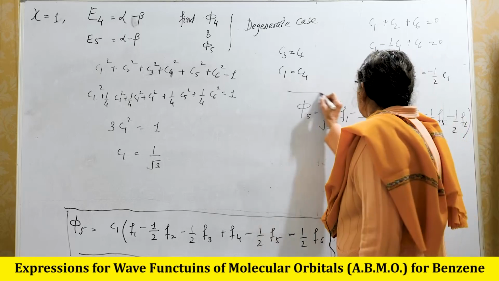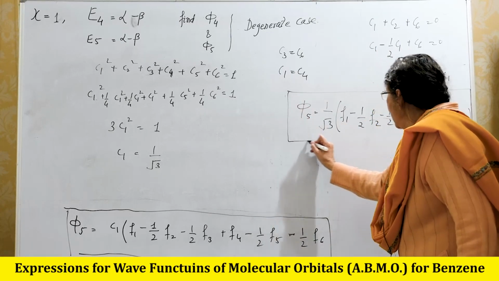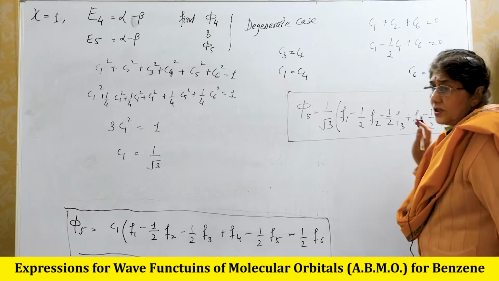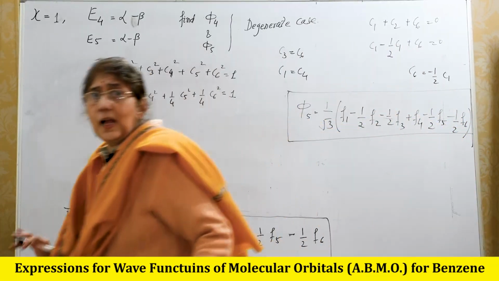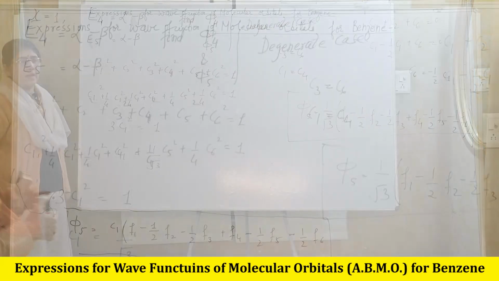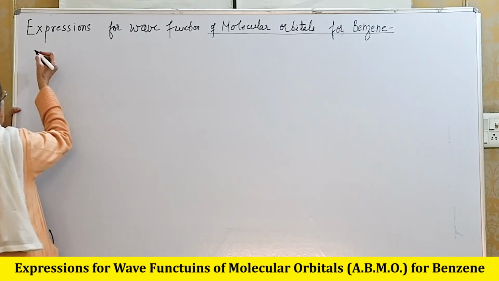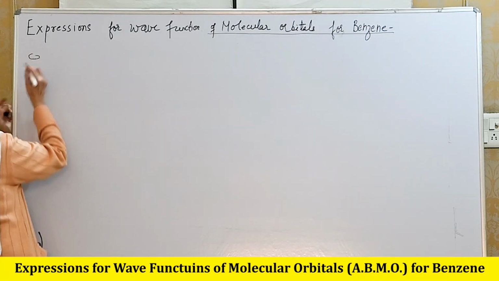So this is with the value of the coefficient, and so this is all about molecular orbitals and the expressions for molecular orbitals. The last molecular orbital, that is the antibonding orbital, is phi 6.